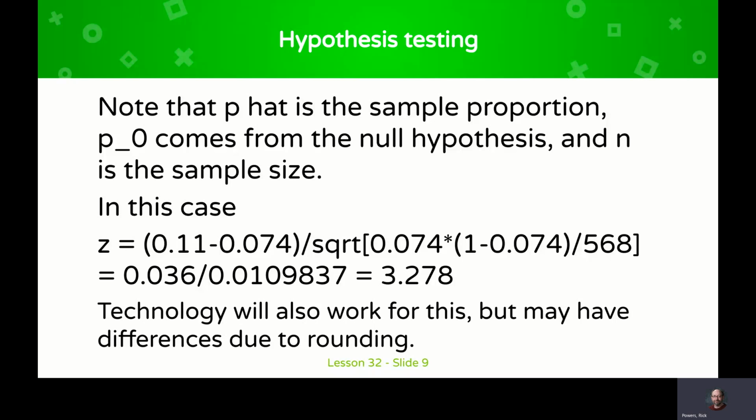In this case, 0.11 minus 0.074 divided by the square root of 0.074 times 1 minus 0.074 divided by 568 comes out to be 3.278. Technology will also work for this, but may have differences due to rounding.